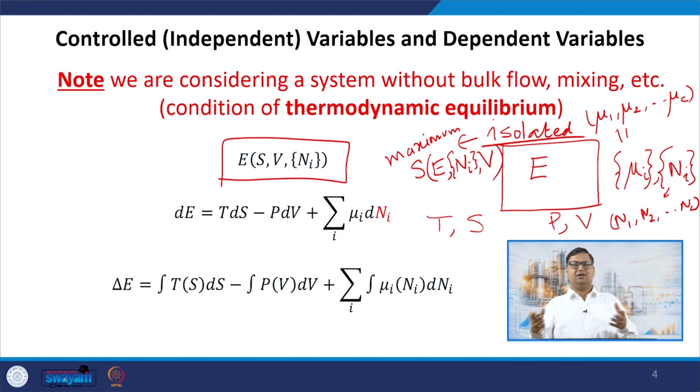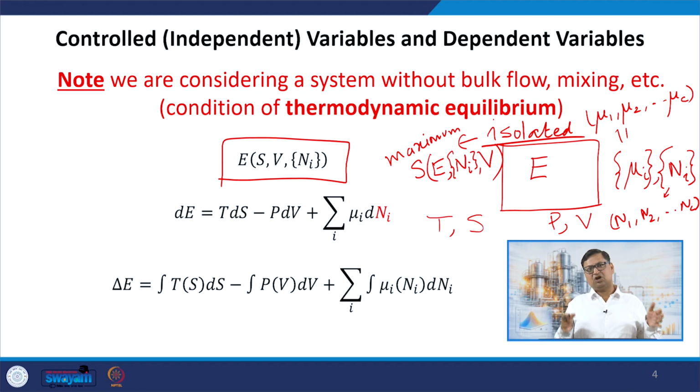The entropy was dependent on the volume, because volume defines the room that is available in the system, right? So when a system is isolated, I am going to maximize this quantity entropy, that is a function of energy, a function of the number of molecules of each of the component, and of course a function of the volume, right?